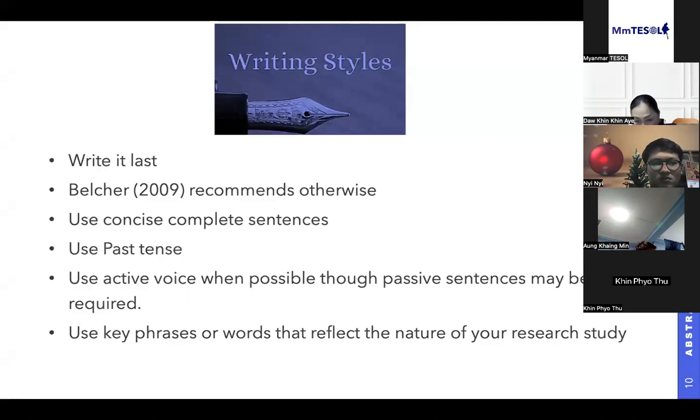Now, abstract writing, you use concise, that means brief but accurate, complete sentences, and use past tense. But again, some publishing companies have directions on what to use.